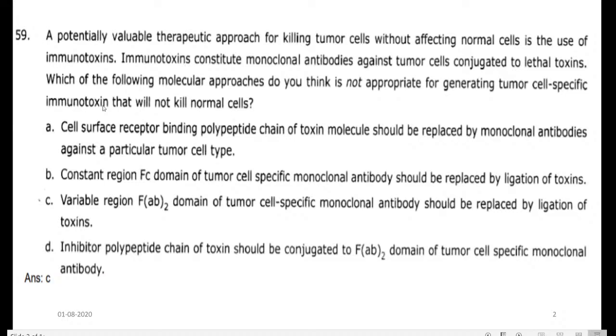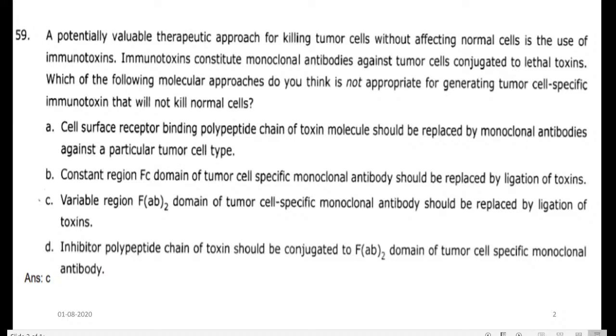The cell surface receptor binding polypeptide chains of toxin molecules should be replaced by monoclonal antibodies against particular tumor cells. Toxin molecules have a receptor domain, that receptor binding polypeptide chain, which is replaced by a monoclonal antibody against a particular tumor cell type.